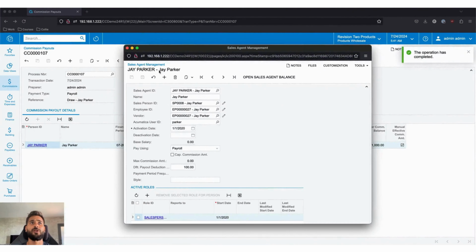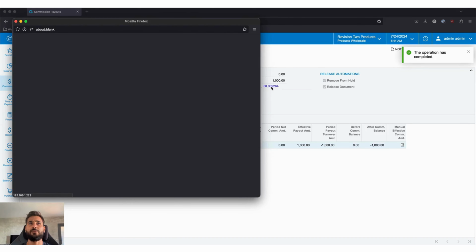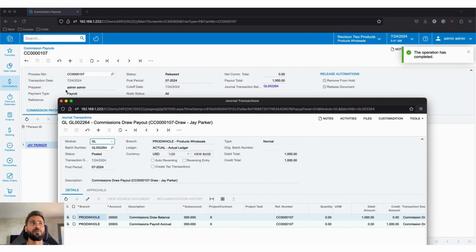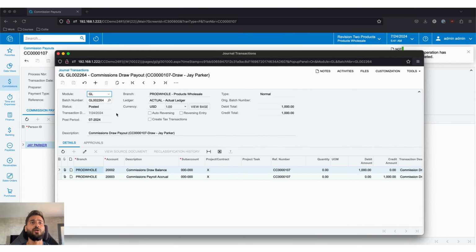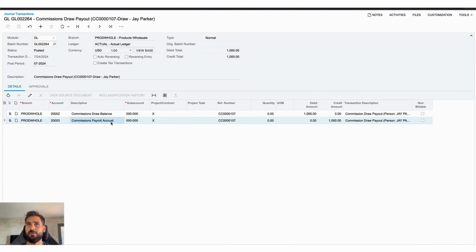But from a financial perspective, let's see what happens. Okay, a journal transaction has been created because of our payment type. It's a payroll. And over here, we can see how we are hitting two different accounts, the commission draw account and the commission payroll account, okay?